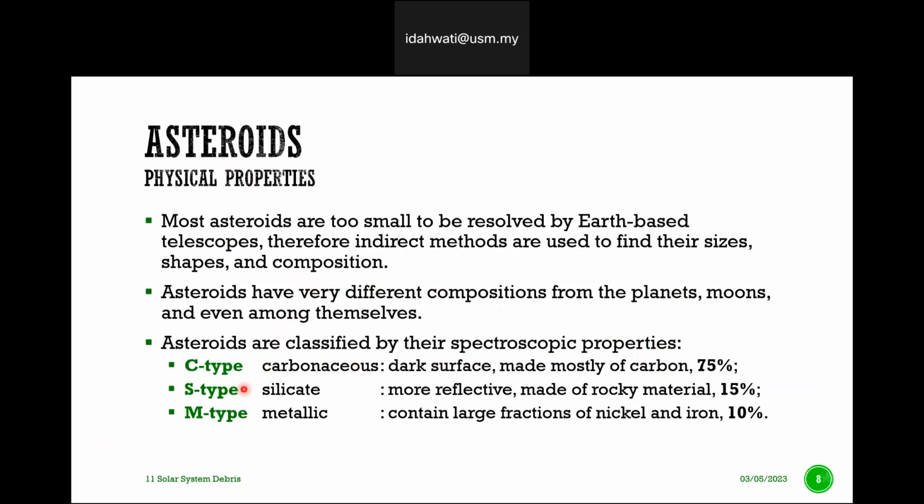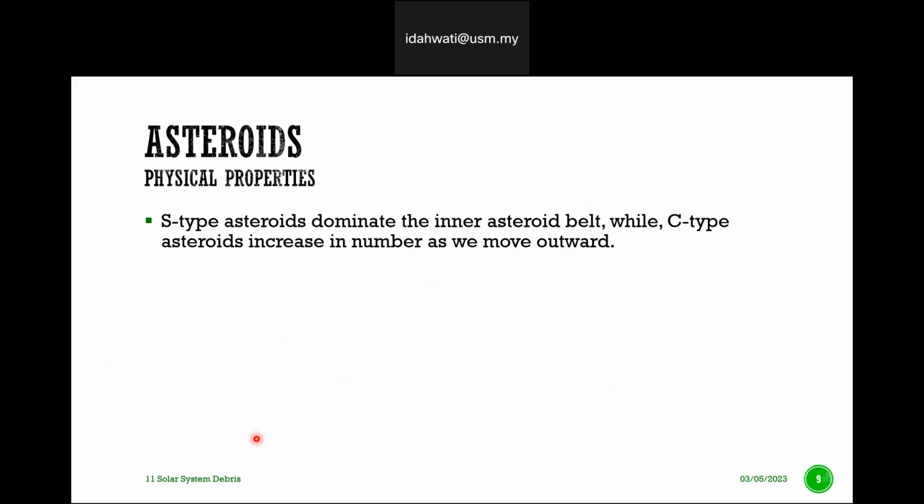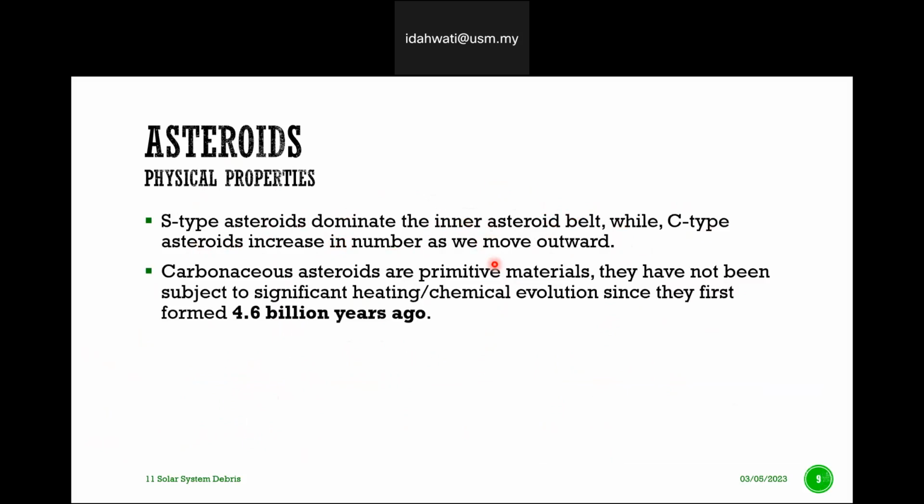We have C-type, S-type, and M-type. C means carbonaceous, S is silicate, and M is metallic. The S-type asteroids dominate the inner asteroid belt, whilst the C-type asteroids increase in number as we move outward.